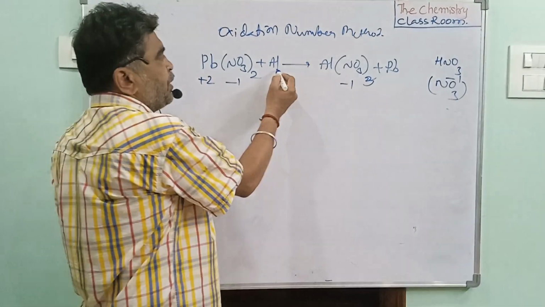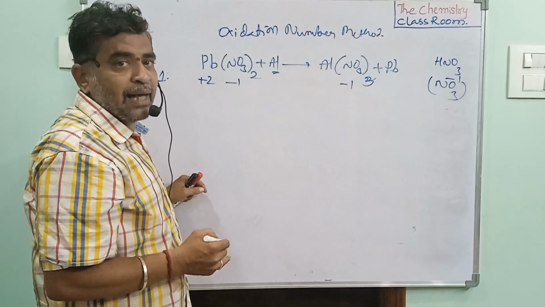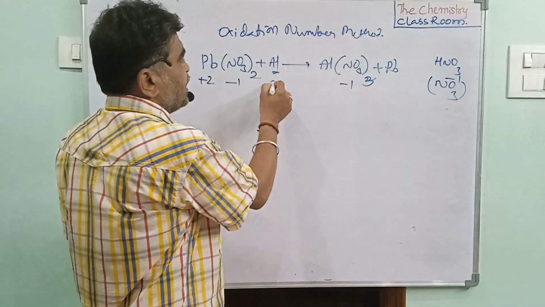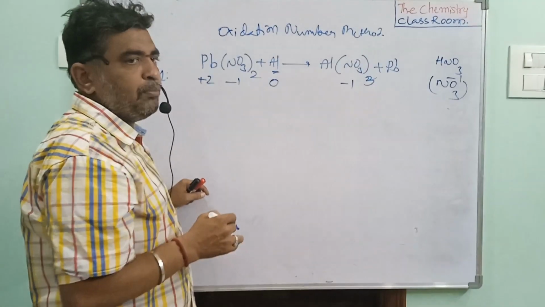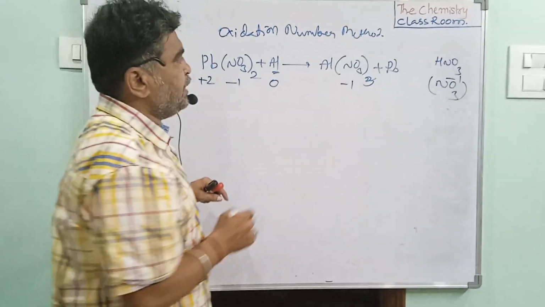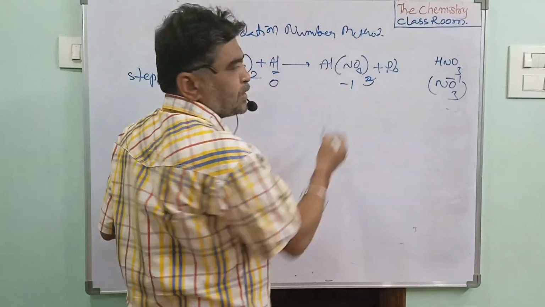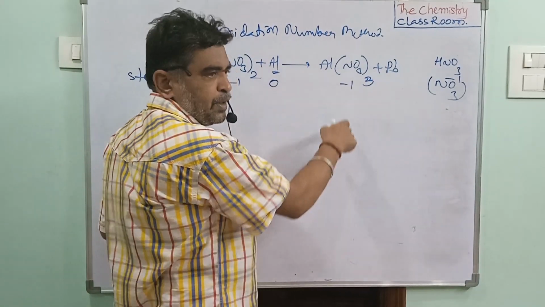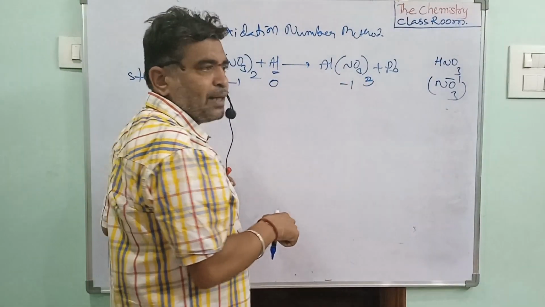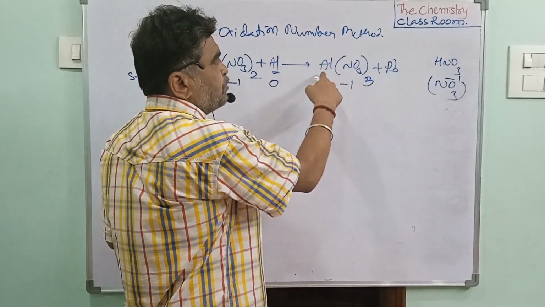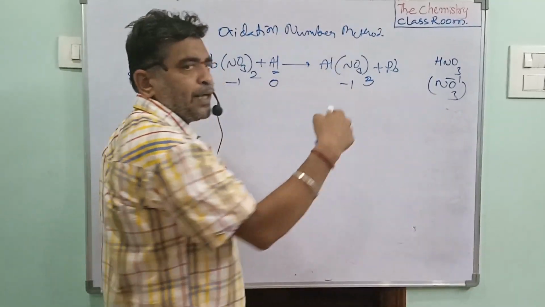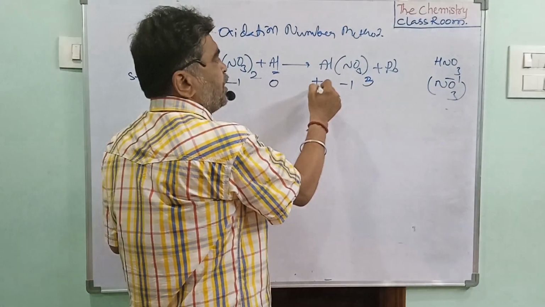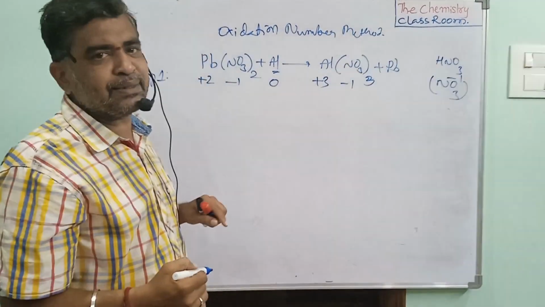Here aluminum is in the elementary, atom state. Atoms have 0 charge, so atom aluminum is 0 charge. Then here NO3 is -1. How many NO3s do we have? 3. So -1 into 3 is -3. We don't know the aluminum, so x minus 3 equals 0. From here aluminum is +3.